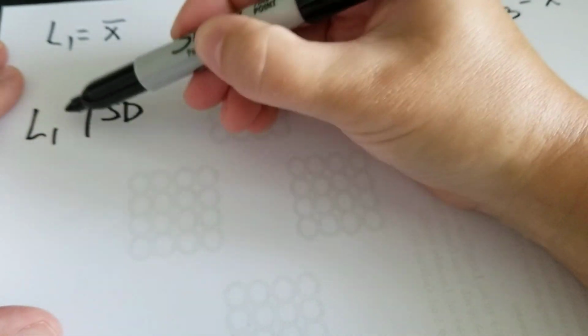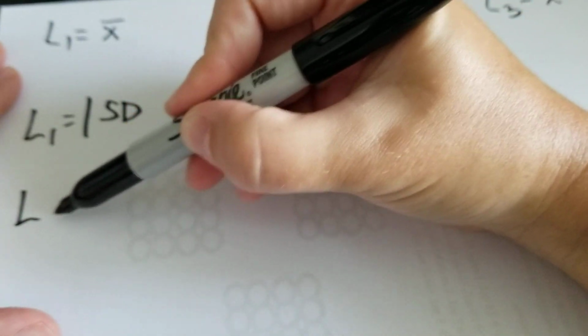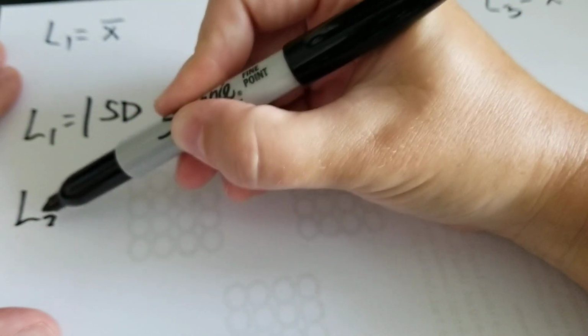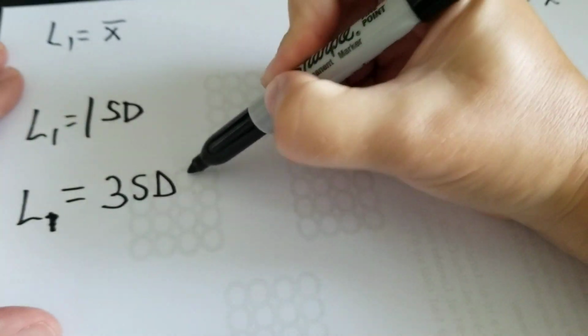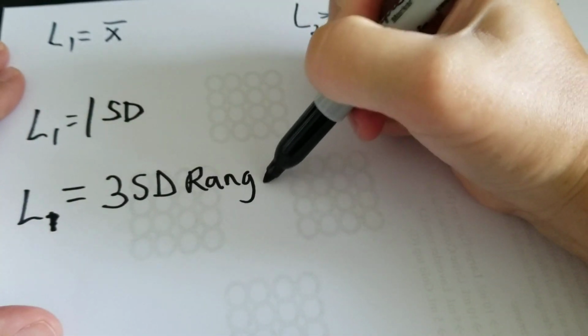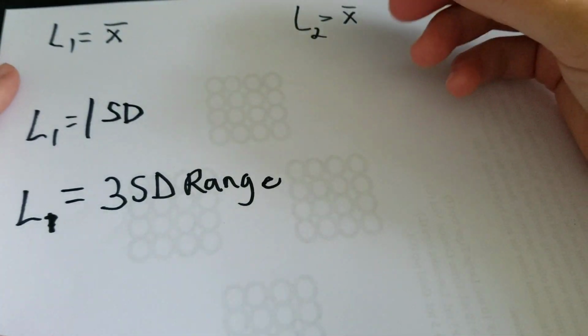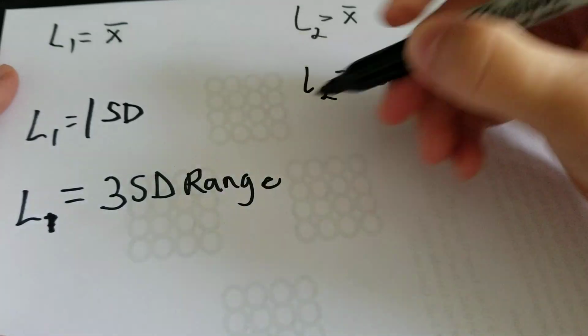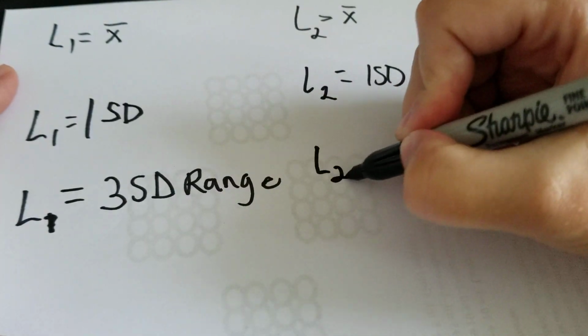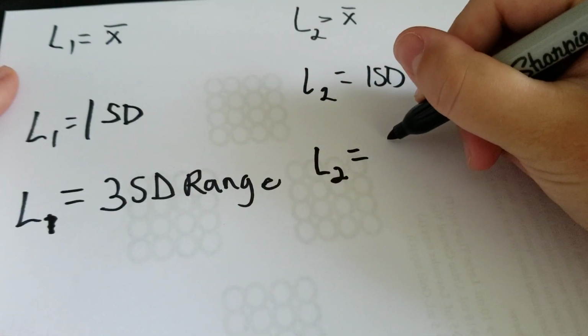And then you would also be asked to calculate, oh, this is still level 1, sorry, the 3SD range. Okay, so that's going to be for every single level. You're going to need to know how to do each of these. And in class, what I'm going to do is I'm going to ask you the same thing.